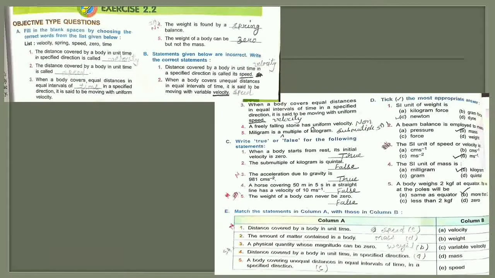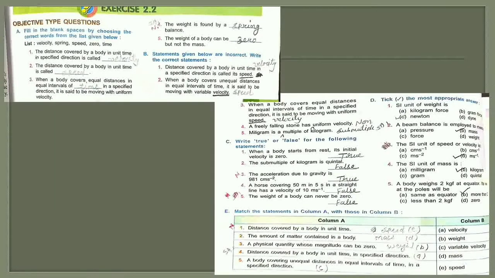Okay, but by changing this value in this unit, we will get the answer of 981 centimeter per second square. So the answer will be true. Okay. Fourth one, a horse covering 50 meter in 5 seconds in a straight line has a velocity of 10 meter per second. No, it will be false.